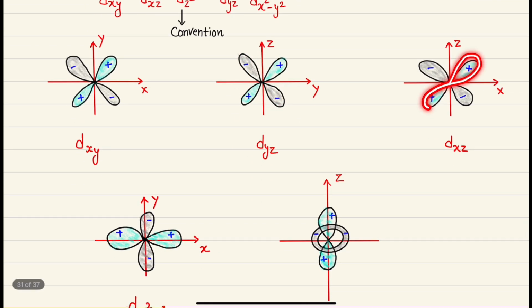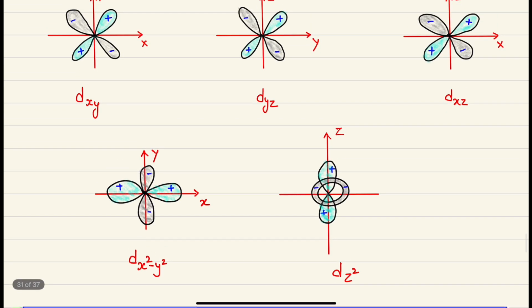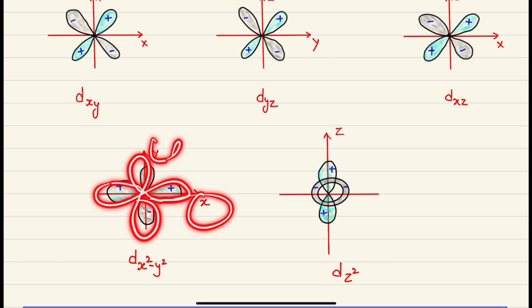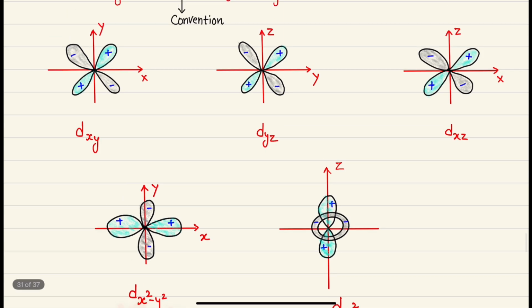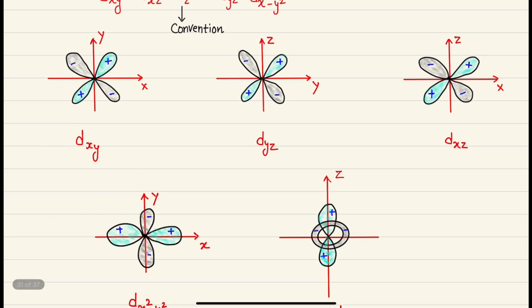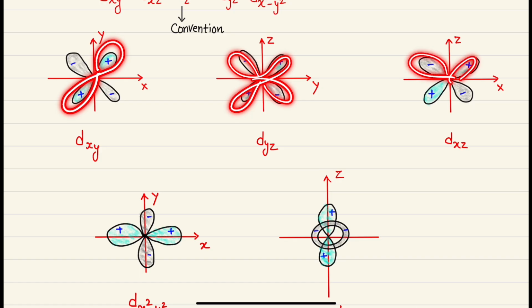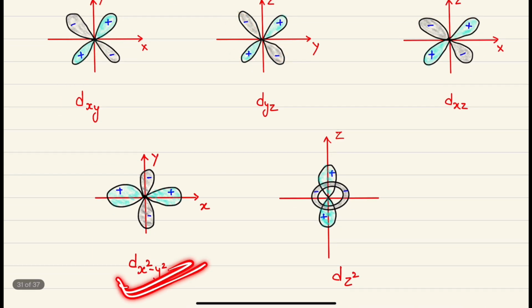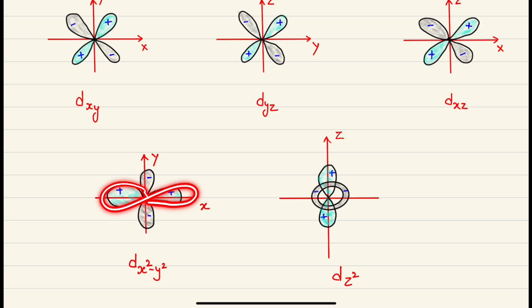If they lie between the x and z axis, it is called dxz. Now if the d orbital lobes lie along the x and y axes, it is called dx square y square. You can observe here, in dxy, dyz, dxz the lobes are between the axes. But in the case of dx square y square, the lobes are on the x and y axes.